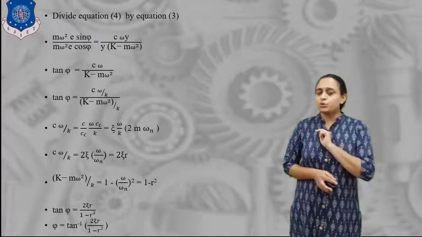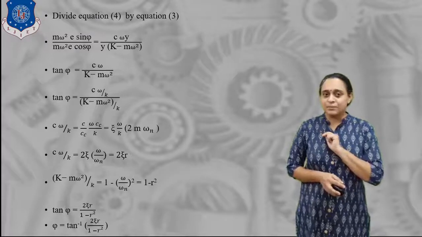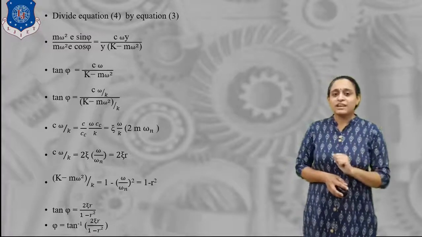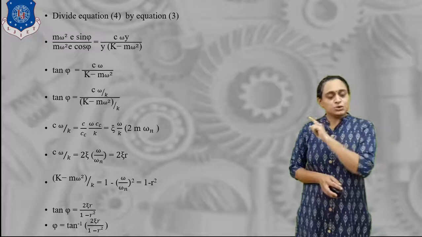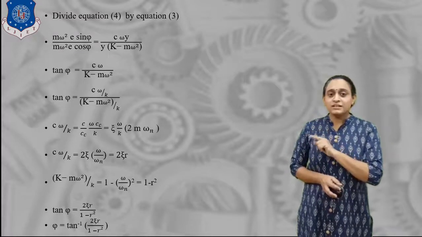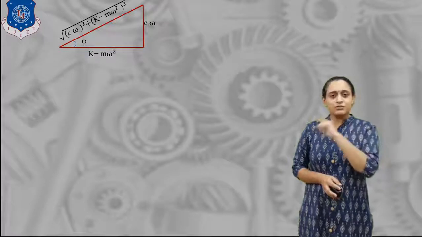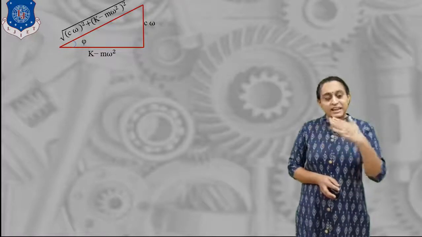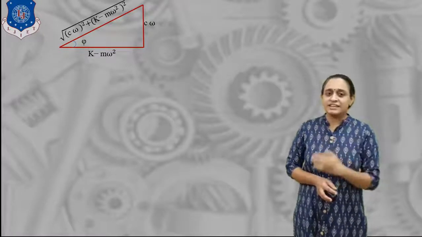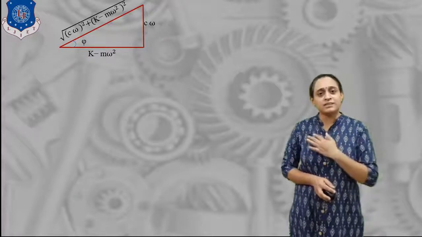So if we want to draw the diagram based on phi angle, we can draw the diagram like this. So here in front of the phi angle there is C omega, and along with the phi angle the line length is K minus m omega square.